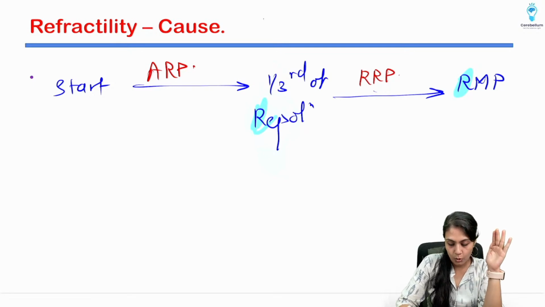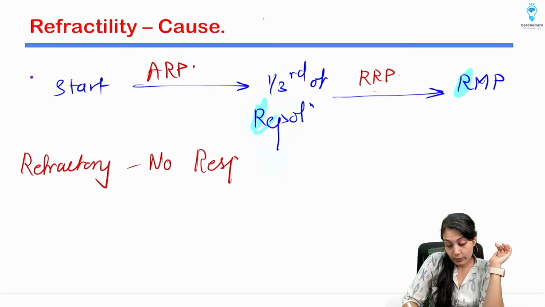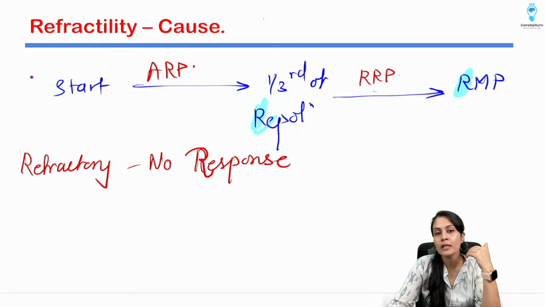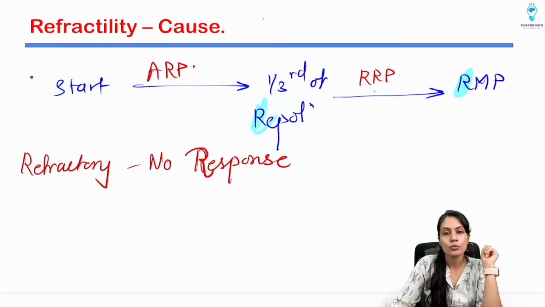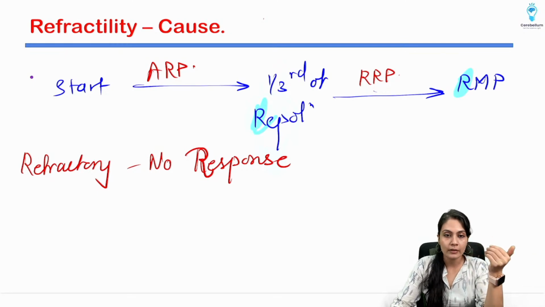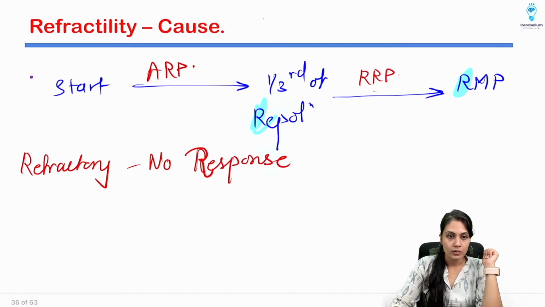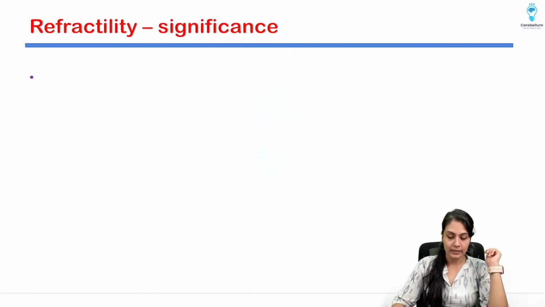Refractory means no response. So there will be no response whatsoever in the absolute refractory period, while in the relative refractory period it is going to show a response if the stimulus is more than the threshold, or more than the beginner response. Now what is the significance of this refractoriness?